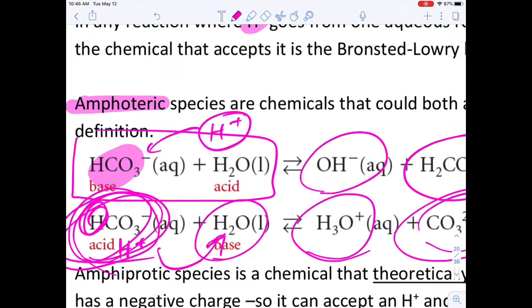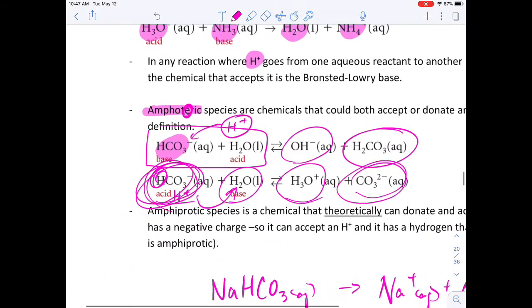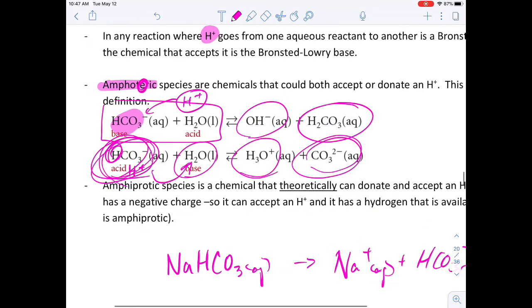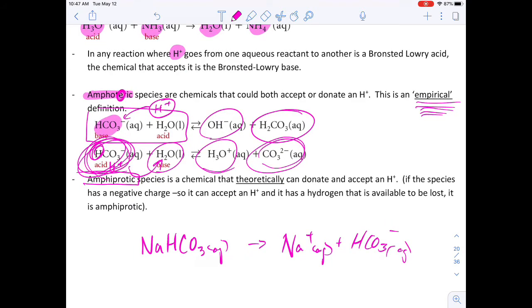When I'm looking at this, I always remember that amphoteric has an E, for experimental. I won't ask you for the difference between amphoteric and amphiprotic because they are very comparable and basically easy to confuse. An amphiprotic species is a chemical that theoretically could donate and accept a hydrogen.